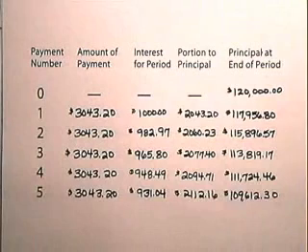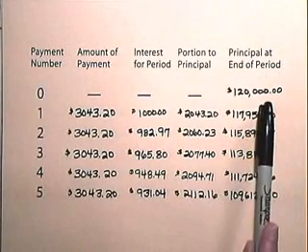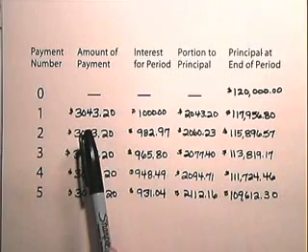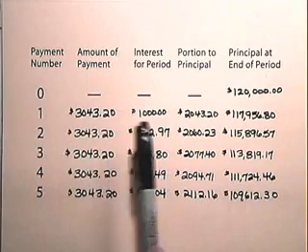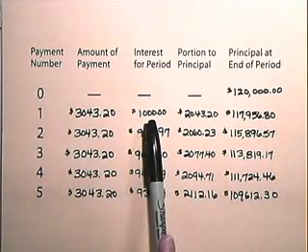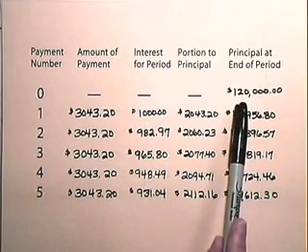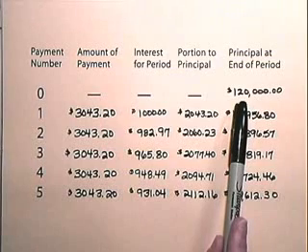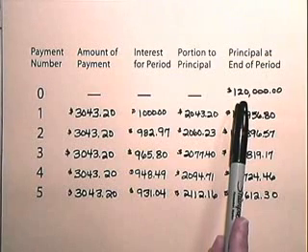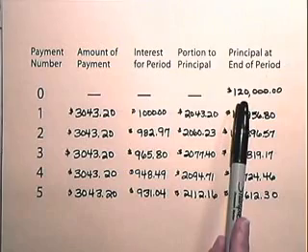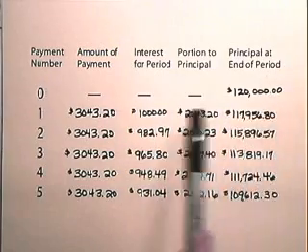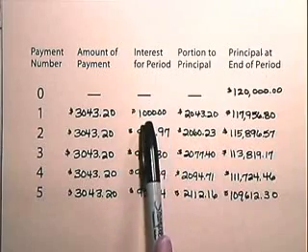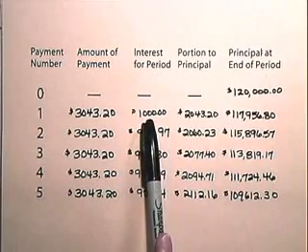Here is our amortization schedule, in which we begin with the principal of $120,000. The first payment is $3,043.20. The interest for the period is $120,000 times 10% times 1/12, because it's 1 month's interest at 10% per year. So $120,000 times 10% times 1/12 is $1,000.